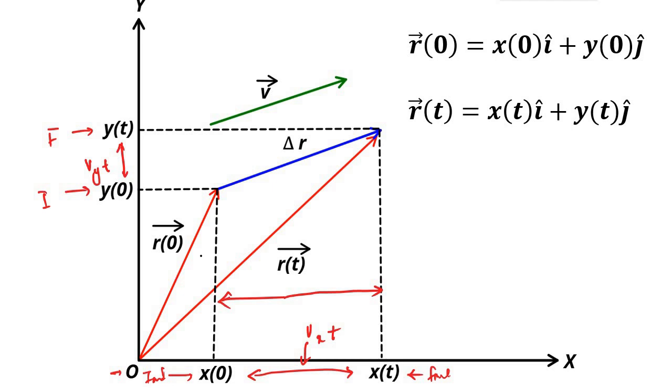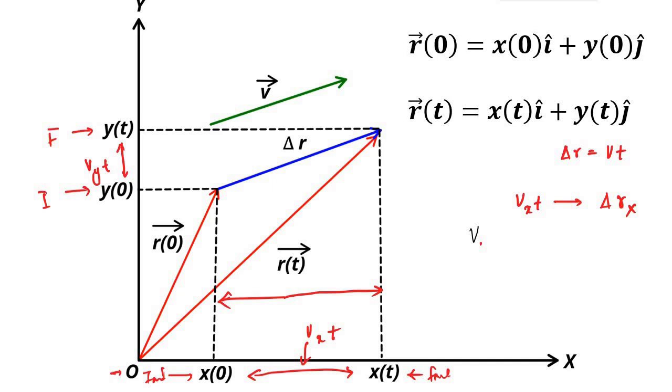So this vxt represents the change in position, or the component of change in position, the position vector along the x-axis. So this is the change in position along the x-axis. We know displacement, or change in position, is equal to the product of velocity and time. So here we have just done it with respect to the individual axis.